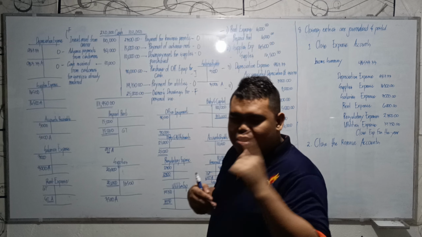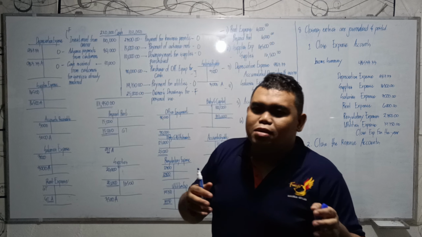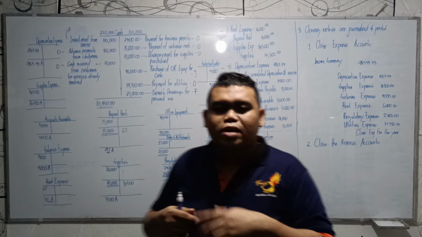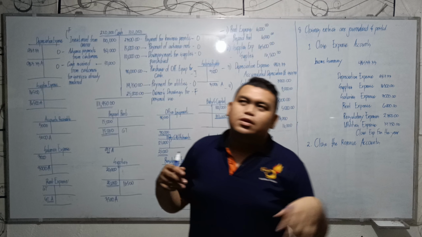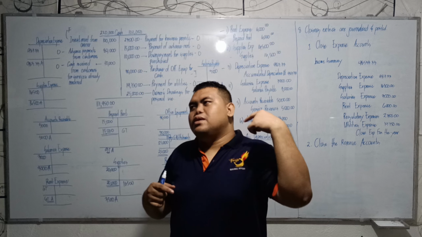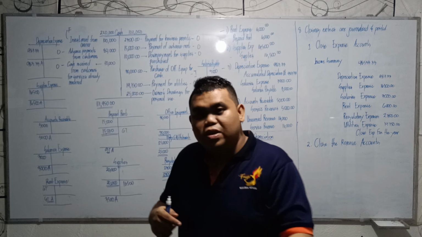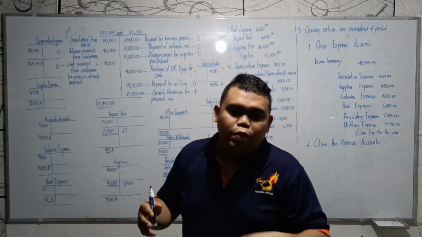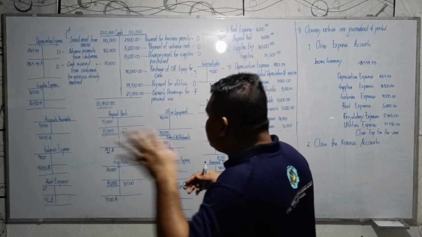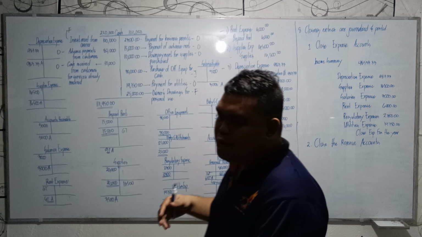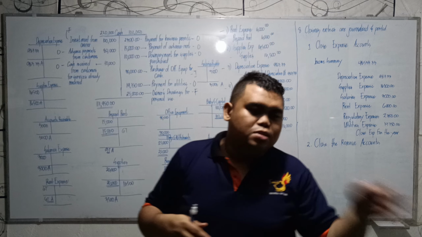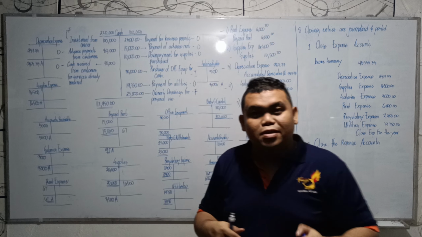Yes, because it adds up to the capital when we talked about A = L + C in the identification of transactions. On the capital account, the increases are the investments from the owner as well as the revenues, and the deductions to the capital are expenses and withdrawals. So expenses and withdrawals have a debit normal balance, while the revenues and of course the capital have a credit balance.